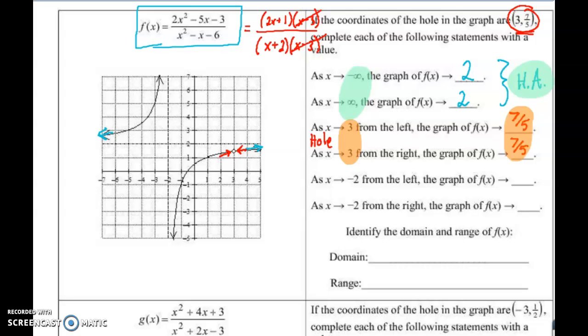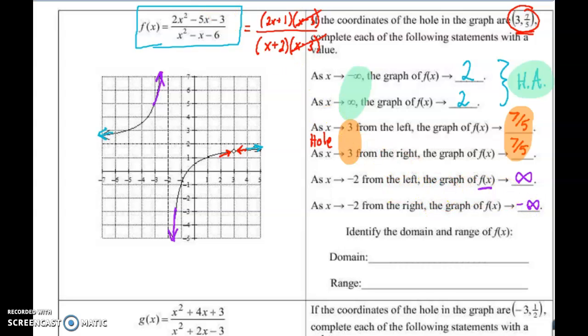Now let's look at -2 on both sides. -2 on the left side, looking at this graph, is going infinitely up. The function, that means up or down. Up is positive infinity. Whereas the right side of that graph is going down, so that's infinitely down.